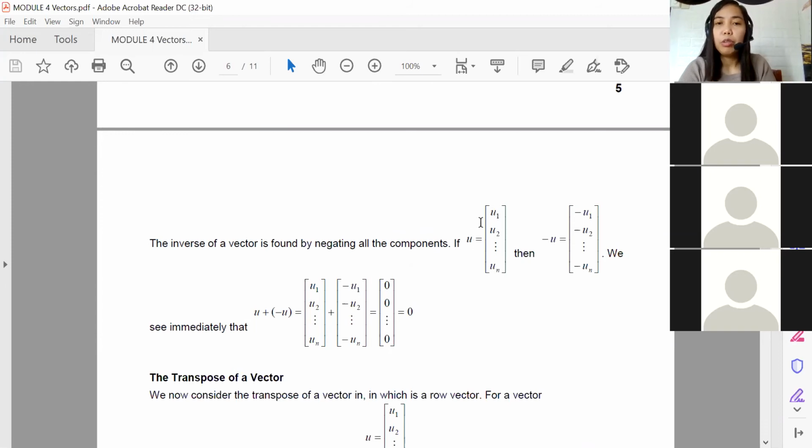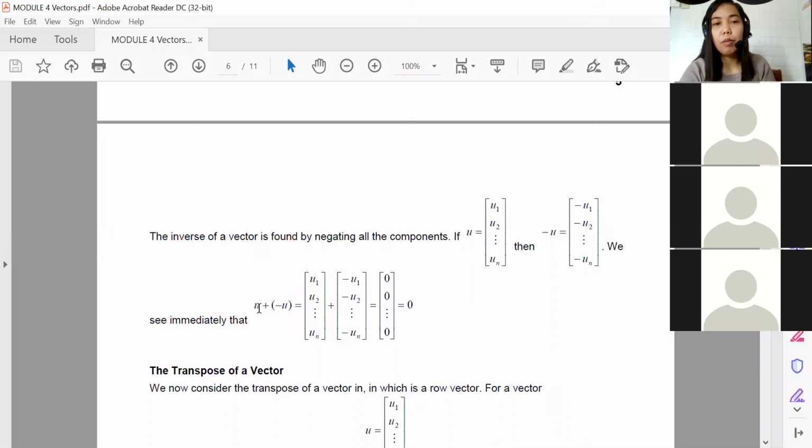So given vector u sub 1, u sub 2, up to u sub n, the inverse of this is negative u, that is, negative u sub 1, negative u sub 2, up to negative u sub n. When we add a vector to its inverse, the answer is a zero vector. Okay, that is equal to 0.